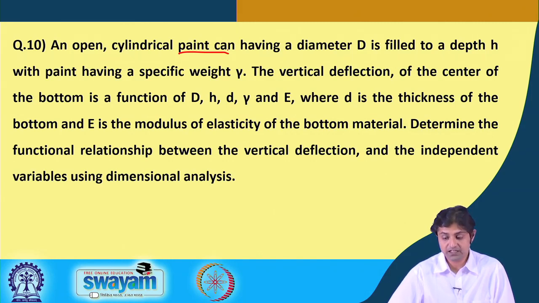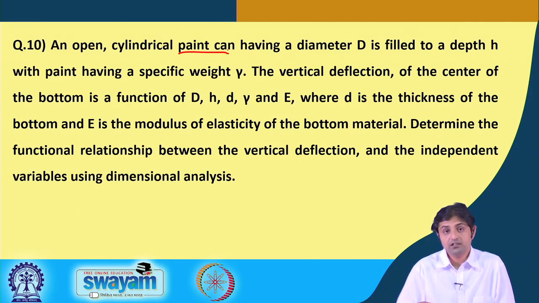The vertical deflection of the center of the bottom is a function of D, h, d, gamma and E, where d is the thickness of the bottom and E is the modulus of elasticity of the bottom material. Determine the functional relationship between the vertical deflection and the independent variables using dimensional analysis.